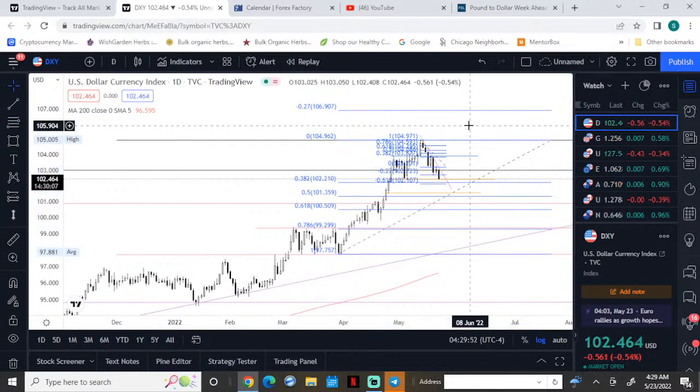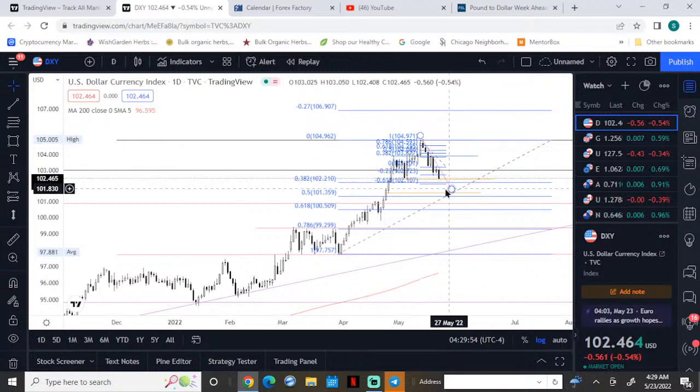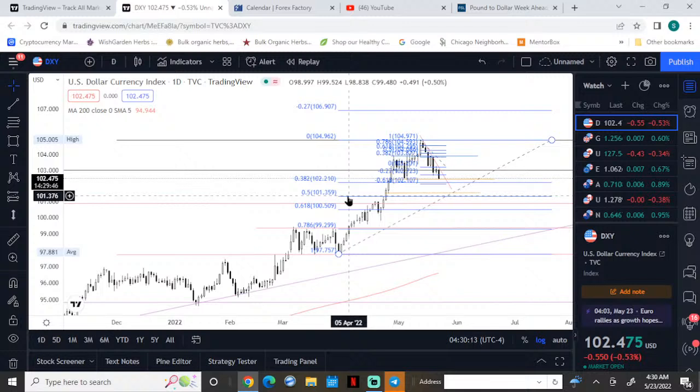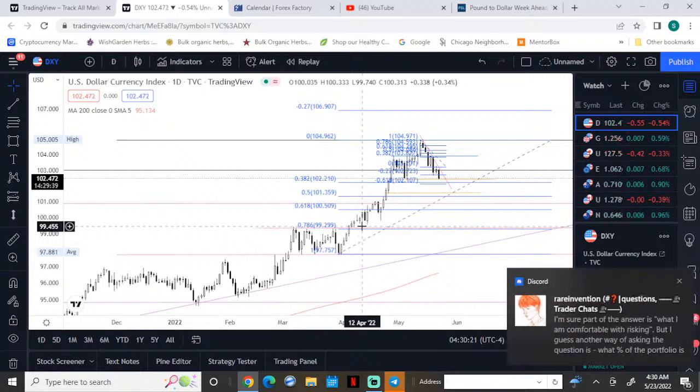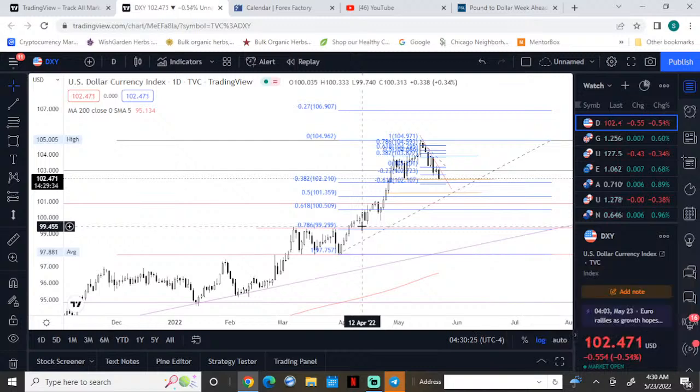It's just on a pullback. The 618 on the hourly lines up with the 382 on the daily. So it could be done with this pullback and finish the buy, but of course we know it can pull back to the 50, it can pull back to the 618, or it could pull back to the 786. So where this pullback is going to go, we don't know, but it is looking lovely.